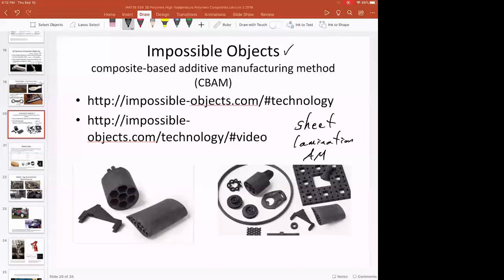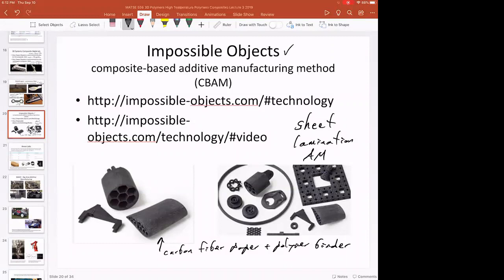So these are basically carbon fiber paper plus polymer binder. You can check out Impossible Objects videos, or you can look at Sheet Lamination AM on YouTube. And there's some really interesting things there.